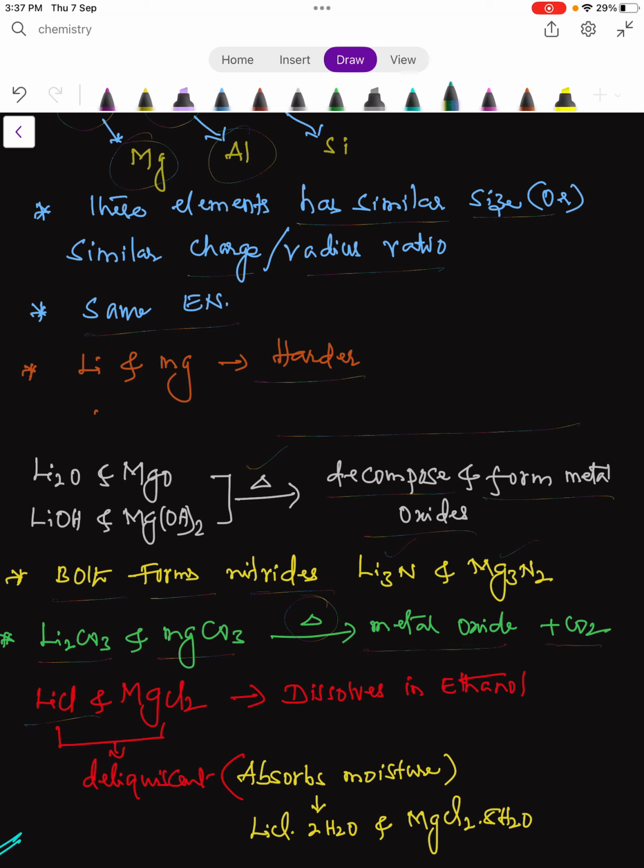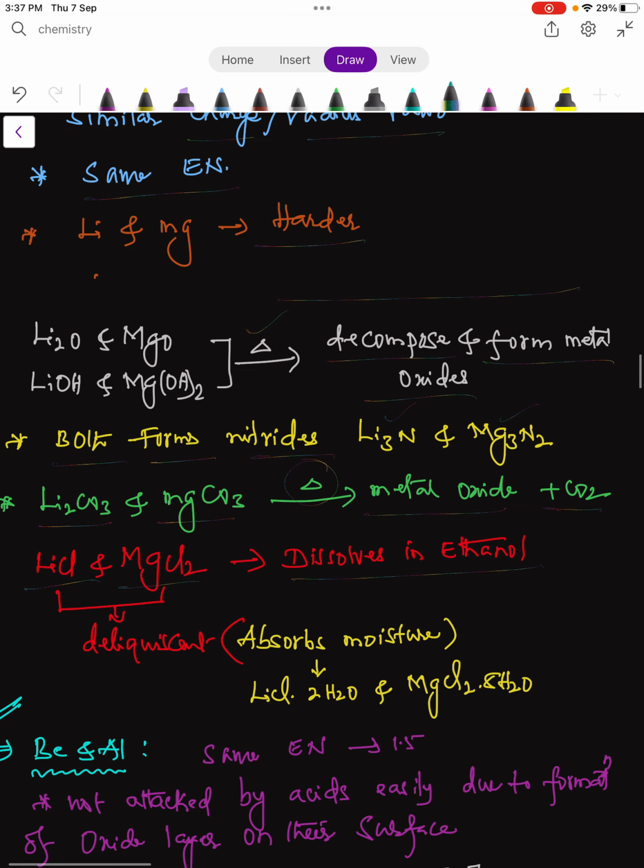Lithium chloride and magnesium chloride dissolve in ethanol. And moreover, these two compounds are deliquescent. Deliquescent means, as we just discussed, they absorb moisture from the atmosphere. So they are in the form of hydrated salts, LiCl.2H2O, MgCl2.8H2O. Generally here, 2 to 12, any number of water molecules it can form.